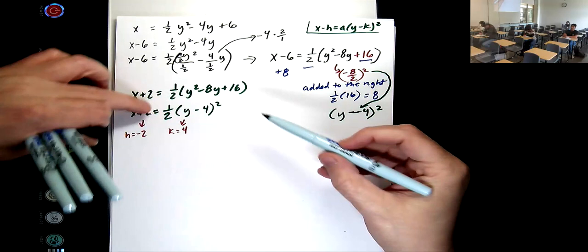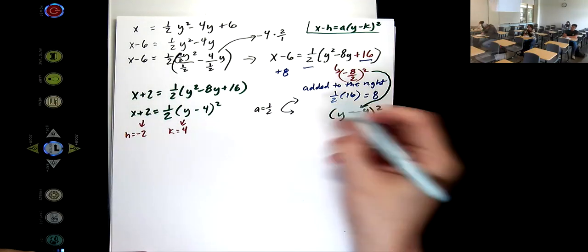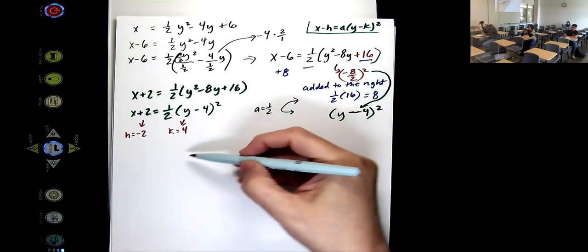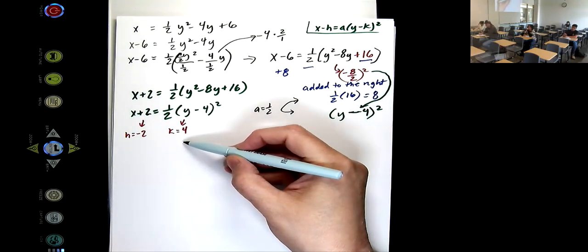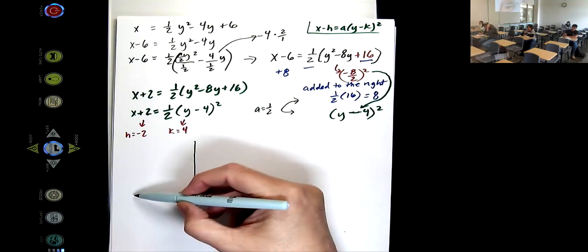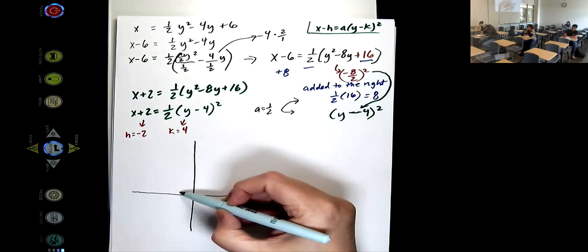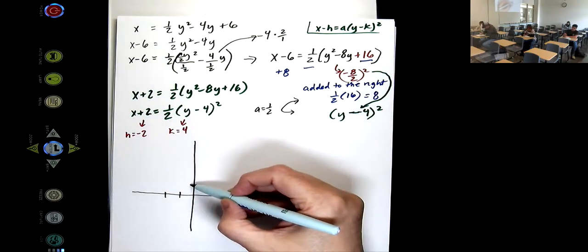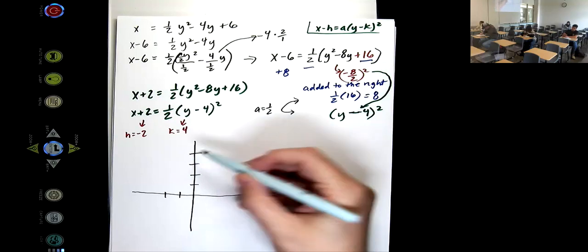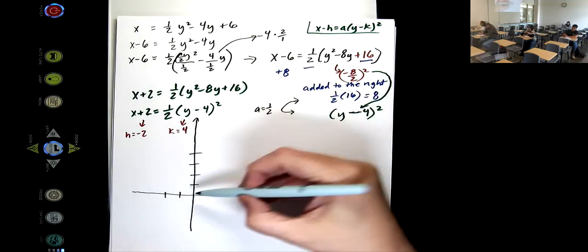And A is positive, A equals 1/2, which means it's going to open to the right. So if you're sketching it, you can kind of get an idea of how you need your graph to look. I need to have -2, and I need a lot of the positive y-axis. I don't even think I used enough positive y-axis.